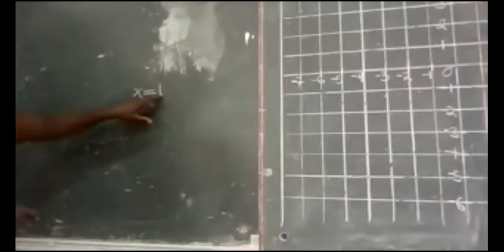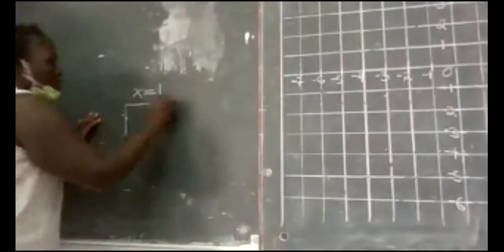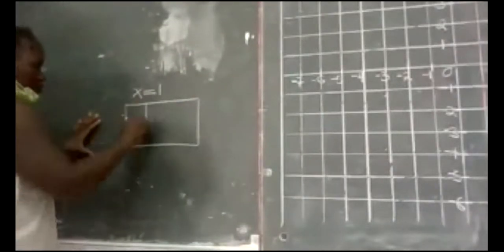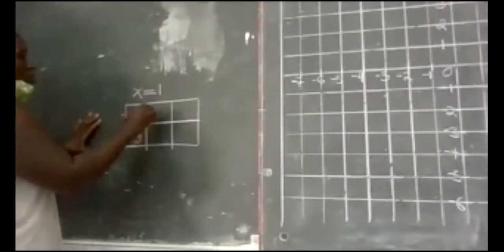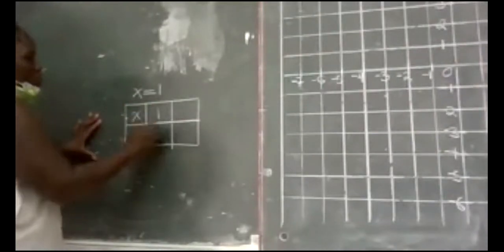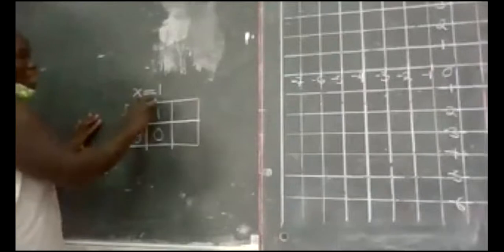So we mentioned that if we say x is equal to 1, then it means that all points along that line have the x coordinate as 1, but the y coordinate can keep changing. So if I just draw my box here, when x is 1, y can be 0, but x is maintained at 1.